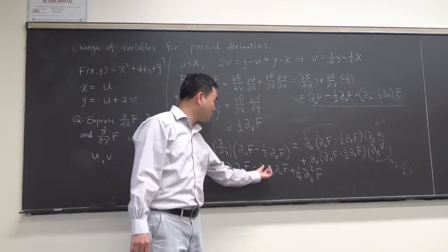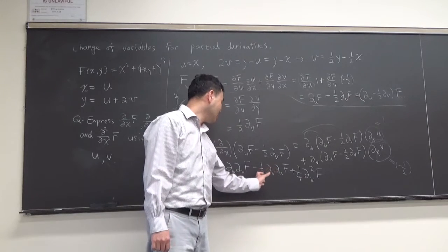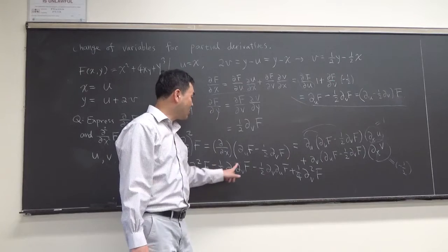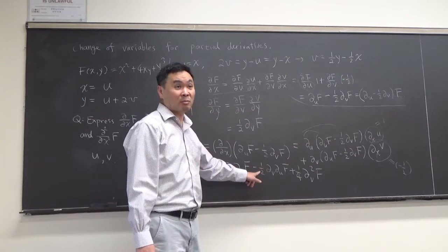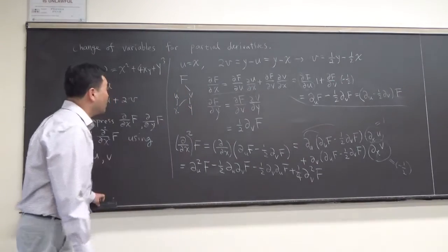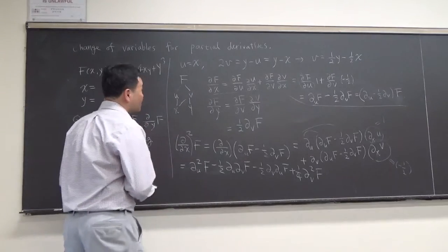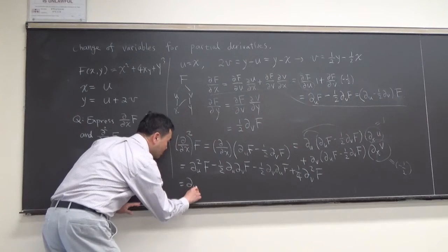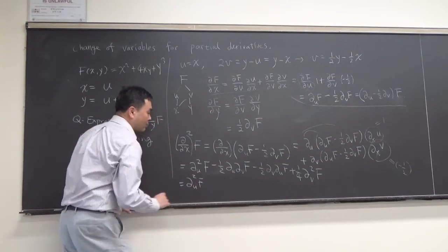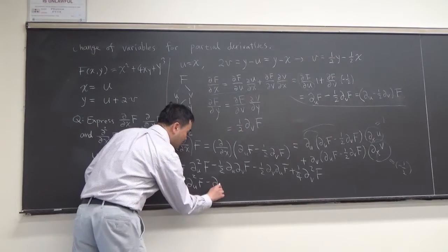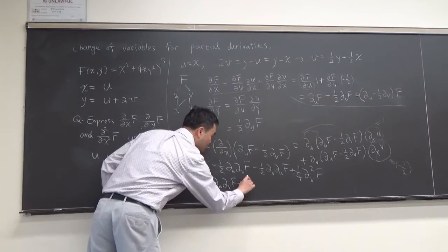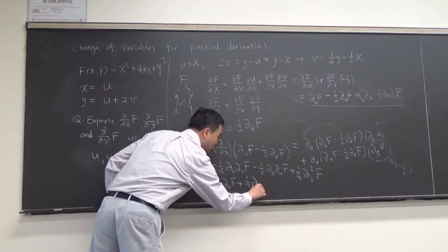I like uv better, so I'm going to just switch these two around. Then these are exactly the same. So this negative 1/2 and negative 1/2 will just add up, right? So the answer will be the second partial of f with respect to u, minus ∂u ∂v of f, and then plus 1/4 ∂v squared of f.